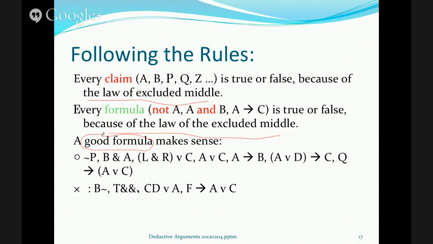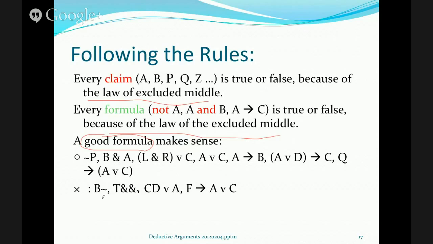The only other thing you can do in this sort of logic is add parentheses. So we say a formula is good if it follows these sort of rules. So not P, B and A, L and R, or C, A and C, and so on.